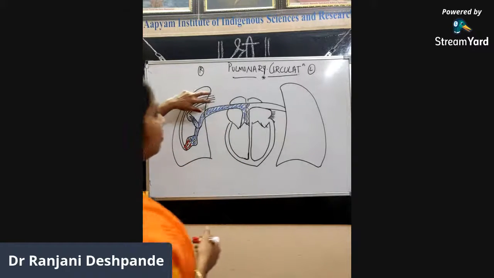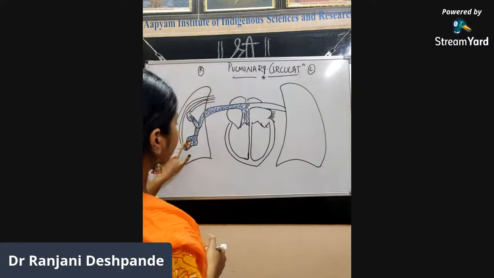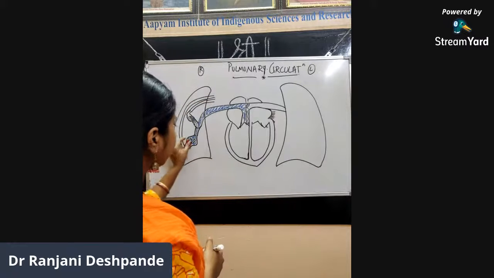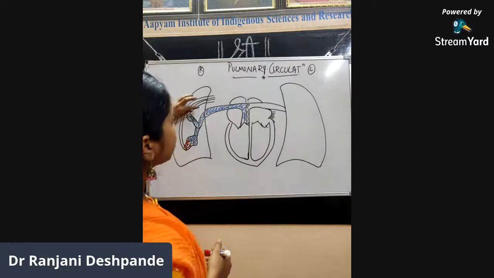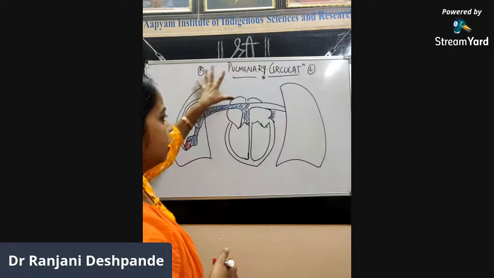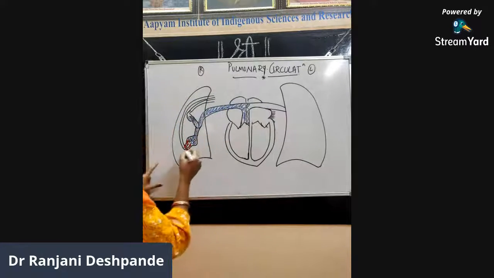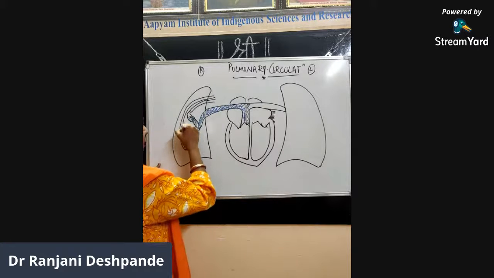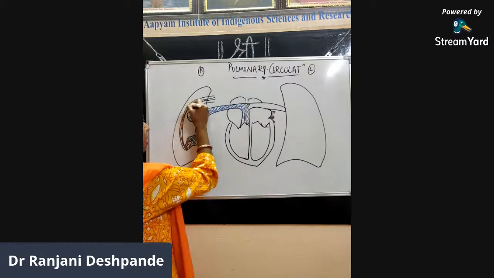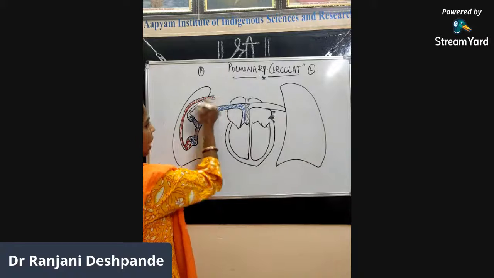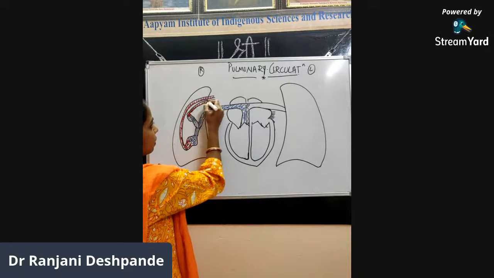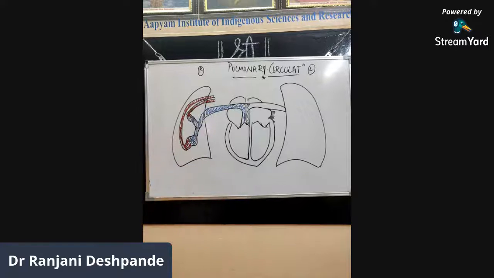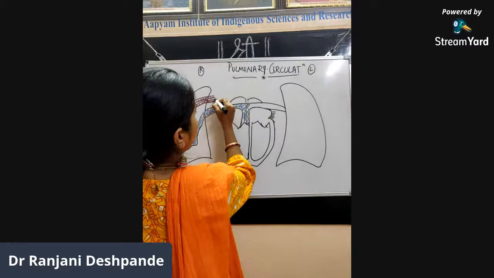After gaseous exchange takes place, from the venule there will be continuation of the veins that will be carrying oxygenated blood back to the heart. This is just a gross diagram to symbolize the same. We will see step by step how it actually happens after we understand this. Okay. So we have the two pulmonary veins.